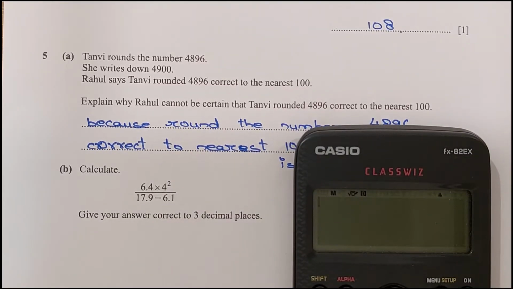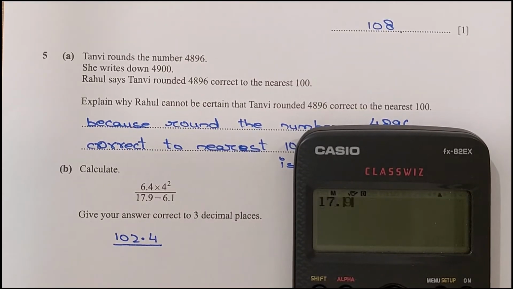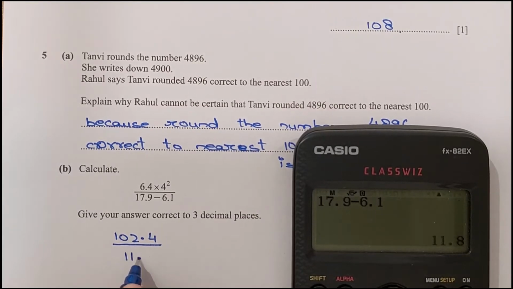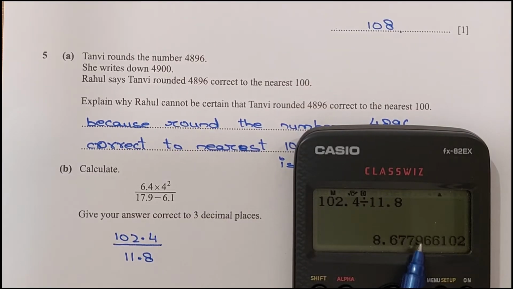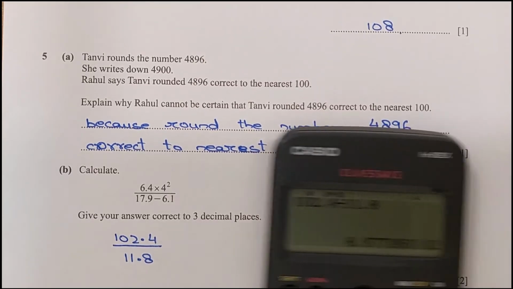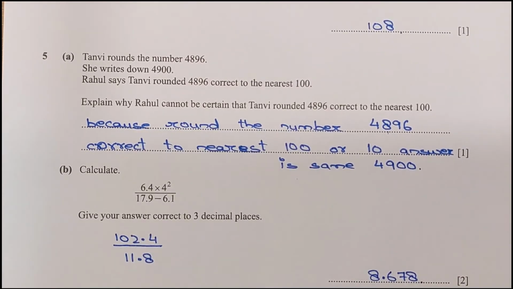Okay, so 6.4 times 4 squared, this is 102.4, divided by 17.9 minus 6.1, which is 11.8, right? 102.4 divided by 11.8 is, up to 3 decimal places, 1 2 3, so this is 9, around we have 8, so 8.678. 8.678 up to 3 decimal places.